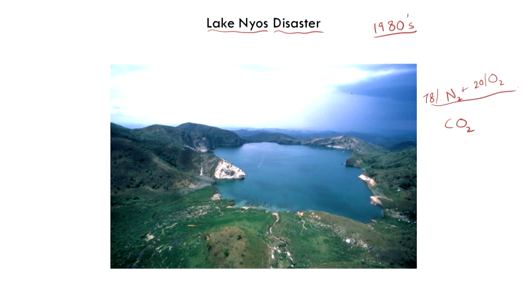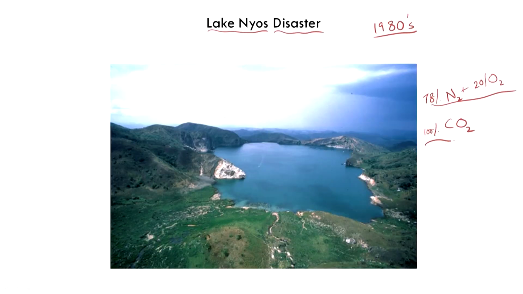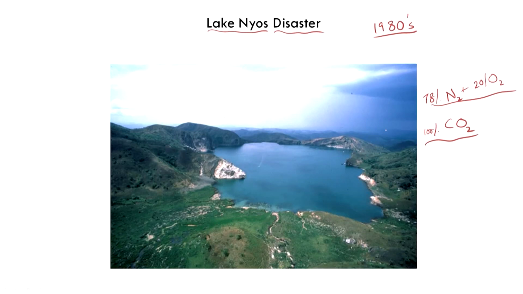Considerable carbon dioxide was given out, and being heavier, under inversion conditions, as I mentioned, in the night, all of this was transported along the ground surface to the nearby villages, and many people died. I just wanted to present a relevant picture here.